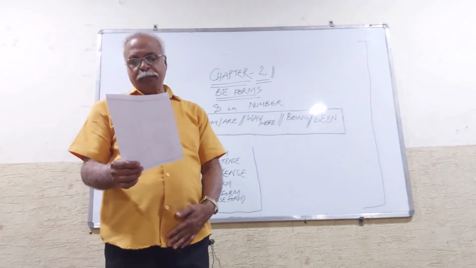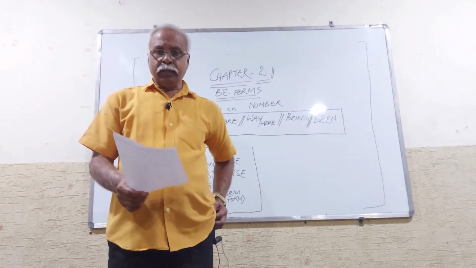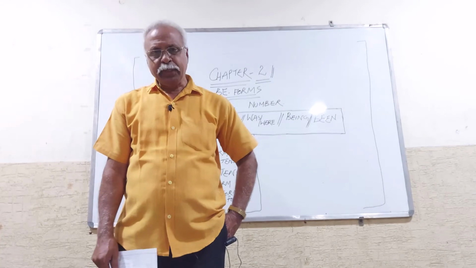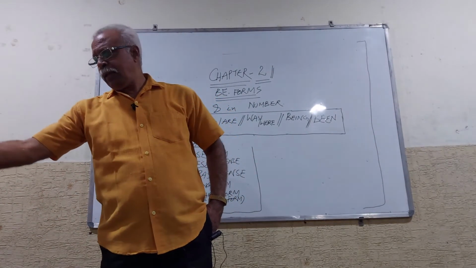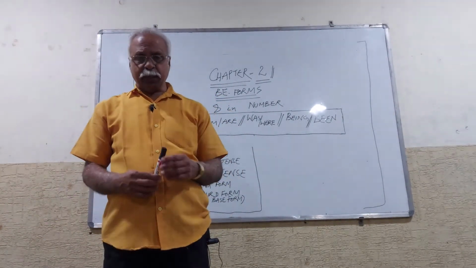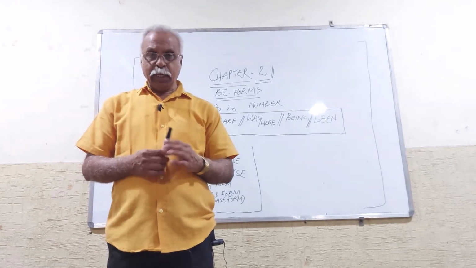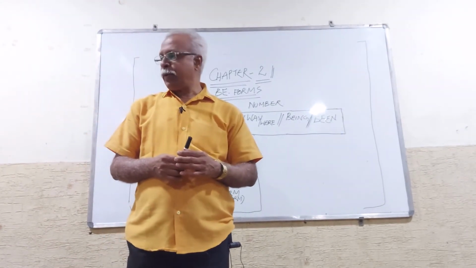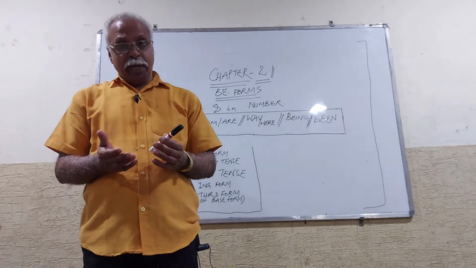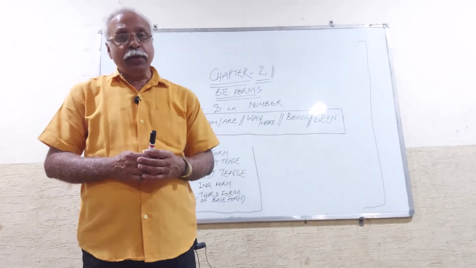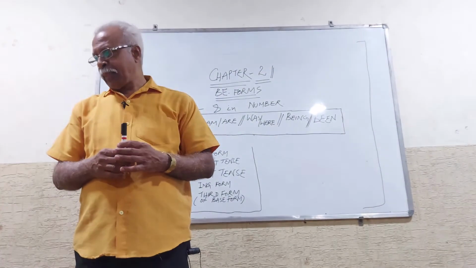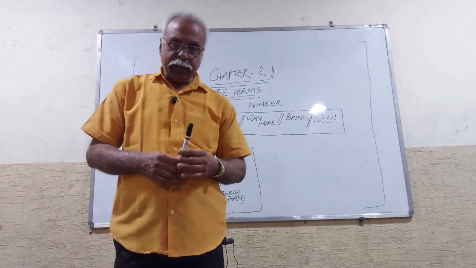They are used again with nouns, adjectives, adverbs, and then continuous tenses. In past continuous tense, especially, was and were we use them. Well, in passive voice also we use them, my dear learners. And next, being.